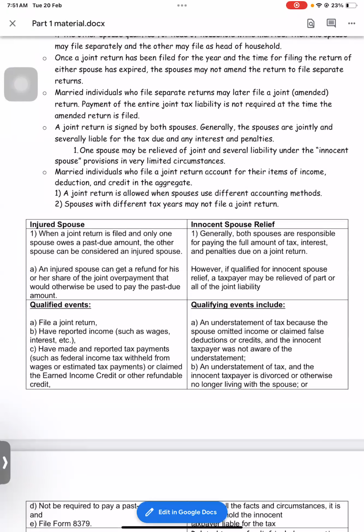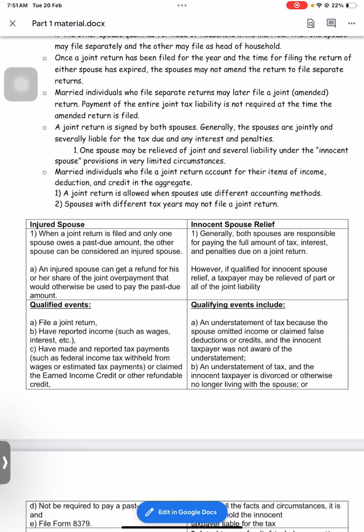Now, when he receives the notice from the IRS, since they are filing a joint return, why should they both be liable for that amount? So the spouse will say, I am an injured spouse in this case, and I should not be made liable for this past due amount, which was wholly and solely earned, and the return wholly and solely filed, by the taxpayer previously.